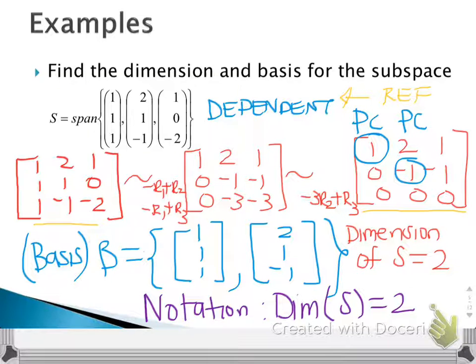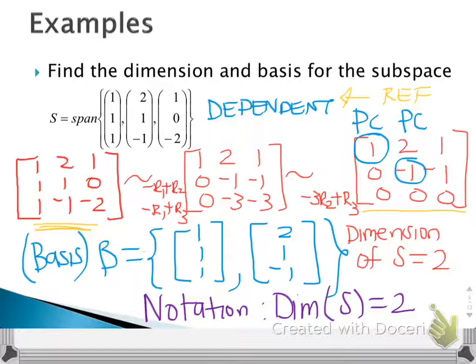If you recall, when we first started, REF isn't unique, correct? So if you thought, oh, I can use these vectors, well, someone else who does a REF differently could have different vectors, right? So that's another reason why it's important to go back to the original matrix to get the vectors that create your basis, okay?